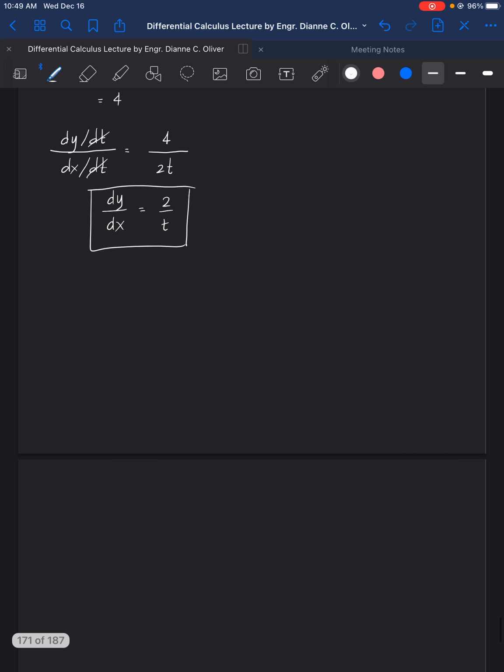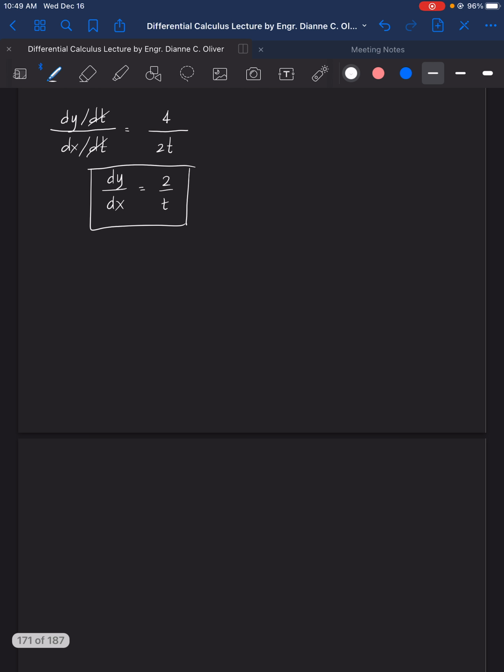This is our first derivative. Next, let's solve for the second derivative. For the second derivative, we will be deriving dy over dx with respect to t, but we will multiply this with dt over dx. So that is equal to, first we will derive this first derivative, so that becomes (t times the derivative of 2 minus 2 times the derivative of t) divided by t squared, multiplied by dt over dx.